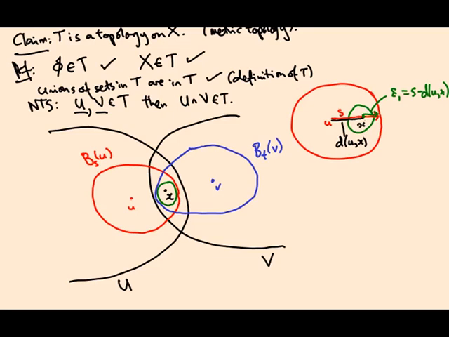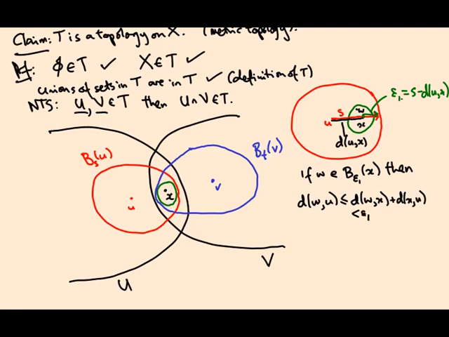So let's check why that's true. Suppose we have another point W. If W is in the ball of radius epsilon 1 around X, then I claim W is also in this red ball, and that's because the distance between W and U is bounded above, by the triangle inequality, by the distance from W to X plus the distance from X to U. This is less than epsilon 1, strictly less than epsilon 1 actually.